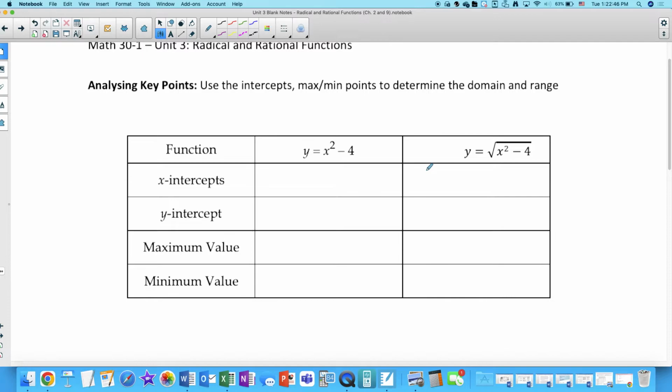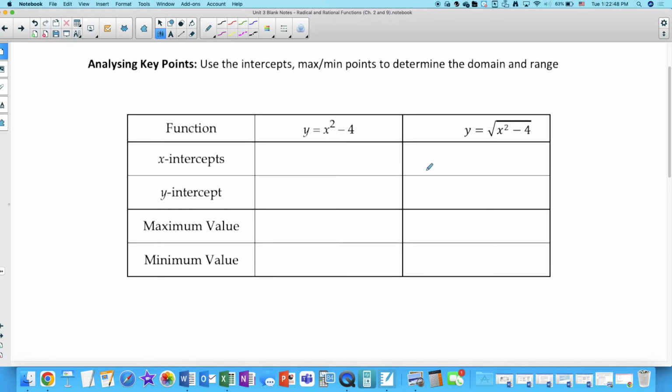No, those are actually invariant. So these happened at (-2, 0) and (2, 0). These guys are the same because wherever y is equal to 0, we have an invariant point. So X-intercepts will not move anywhere when we take the square root of a function.